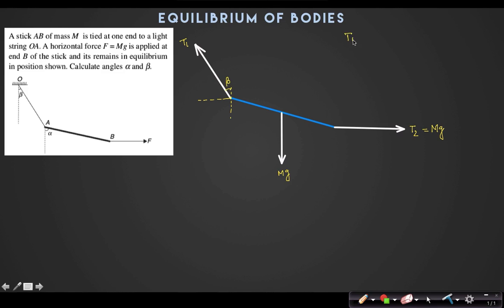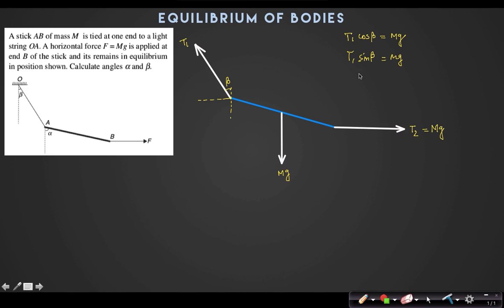Can you say that T1 cos beta is balancing mg? Yes or no? Yes, sir, obviously. And T1 sin beta is balancing another mg, the horizontal mg. So what is beta?